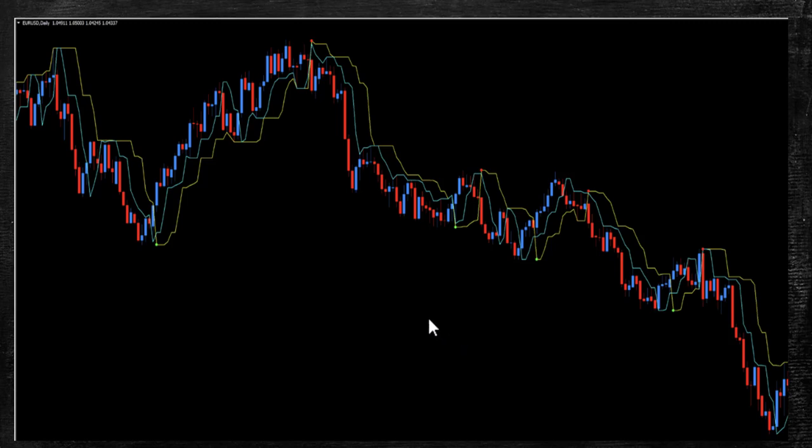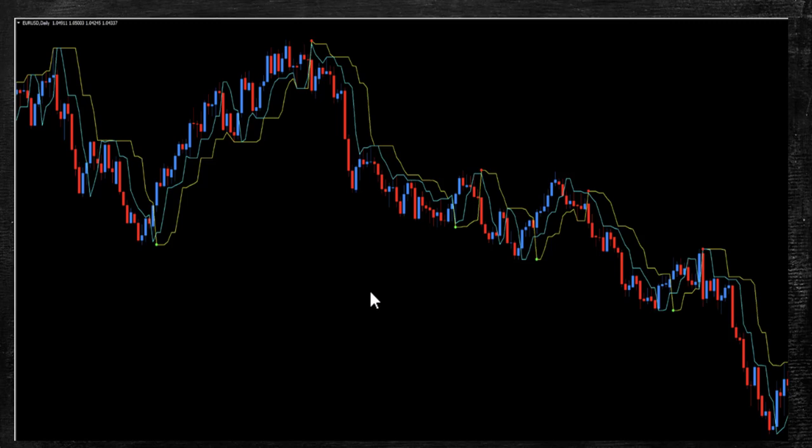Now, what you can do, and we've talked about this before, is go up to the top here. And if you're ever wondering which line is higher than the other line, for example, your confirmation is going to be over here. But what you want to do here with the perfect trend line indicator is you want to see which line is higher. So the aqua line is your long line. The yellow line is your short line.